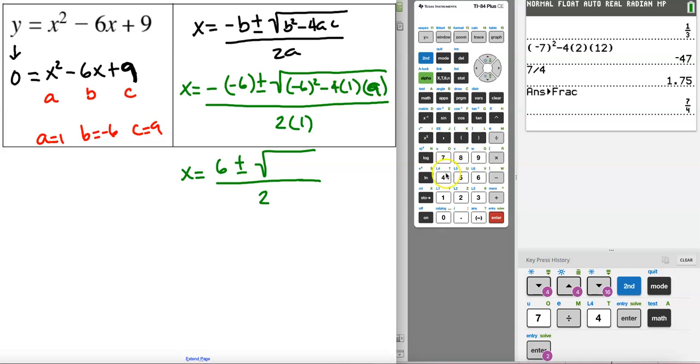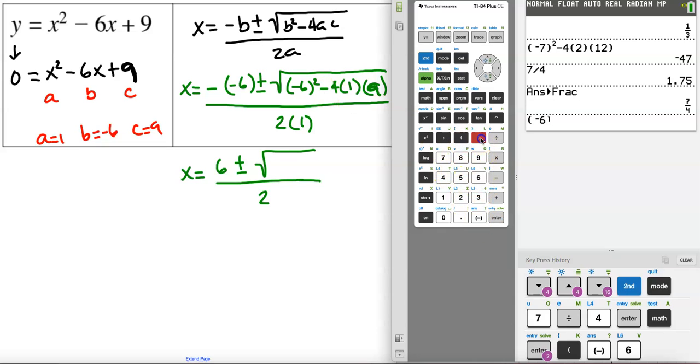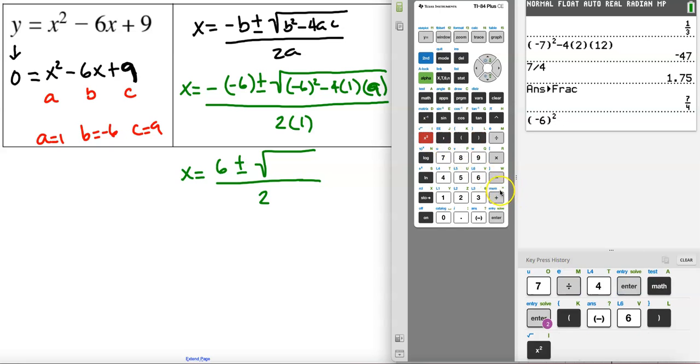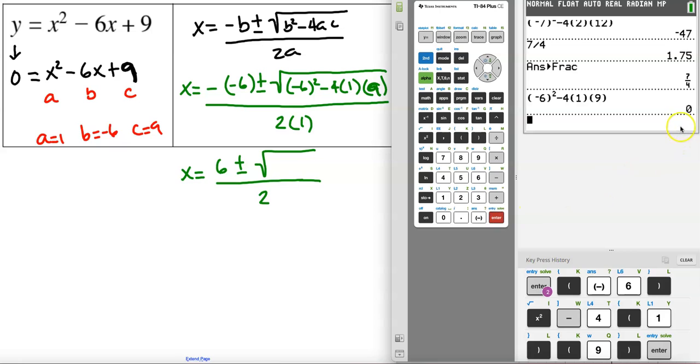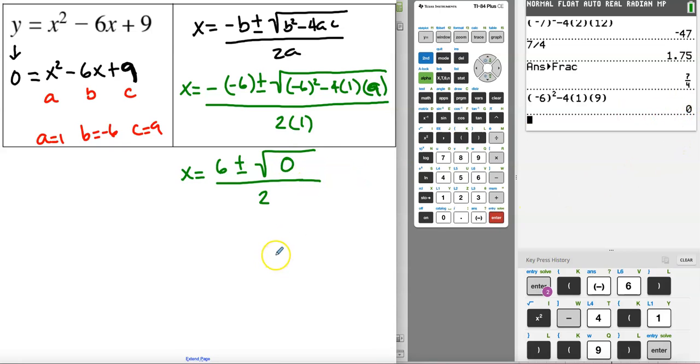So now I need to find out what goes under the square root. Open parentheses, negative 6, I square it, minus 4, 1, and then a 9 goes under there, and then I hit enter. So I get 0. So guess what? 0 goes under the square root.